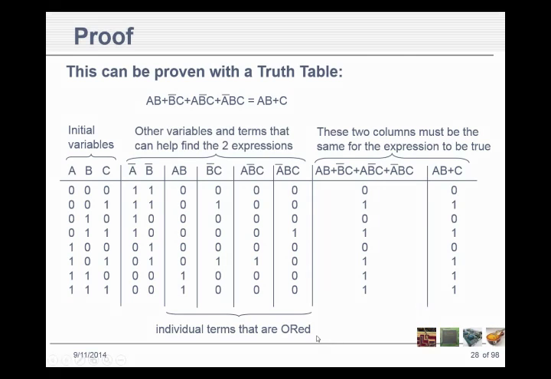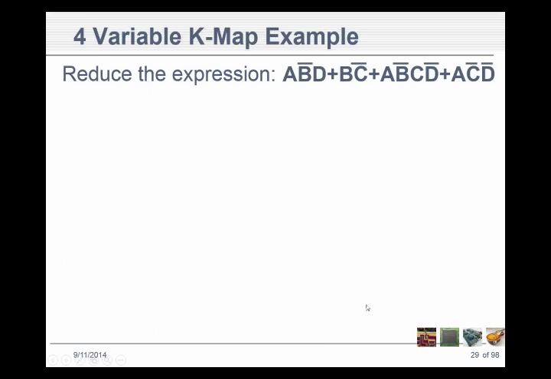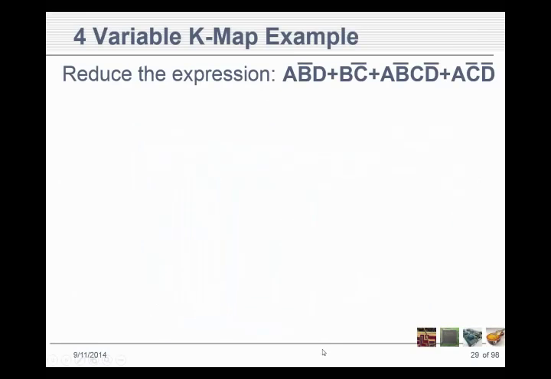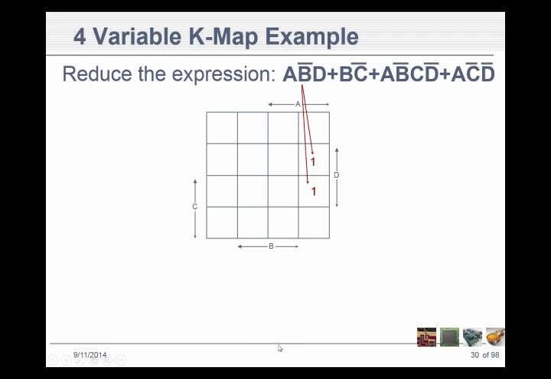But those 2 have to be the same for this to be the same as that one. Okay, reduce this expression. We've got 4 variables now. I do want to get into some good stuff today if I can.